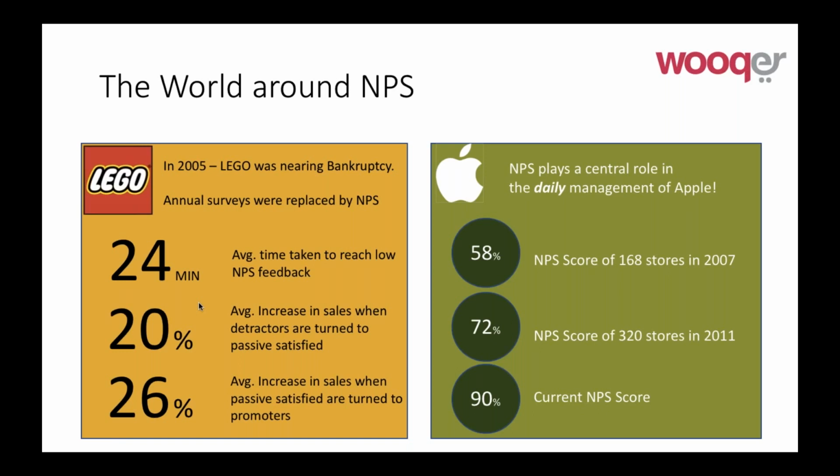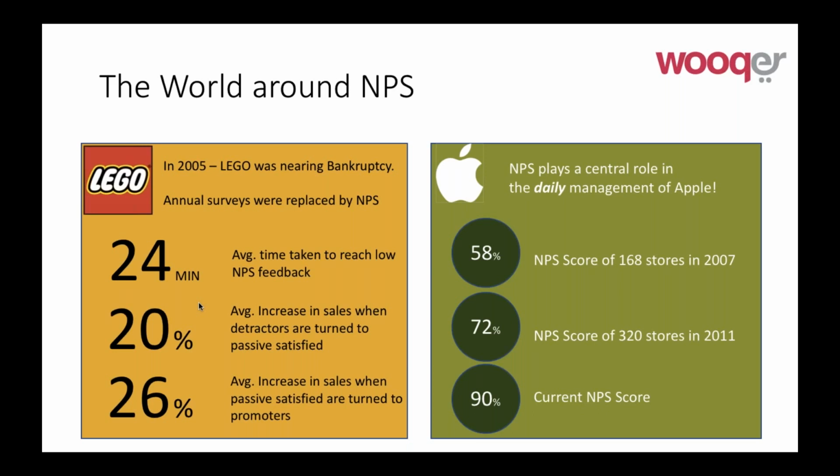This has resulted over the period of years in an amazing NPS score and customer satisfaction for Apple, especially for their retail stores. In the year 2007, 168 stores of Apple were rated at 58%. As the years went ahead and stores increased, the NPS score of entire Apple also increased.